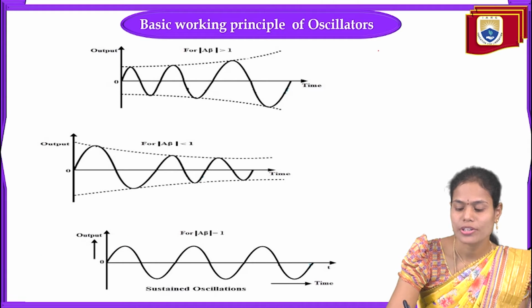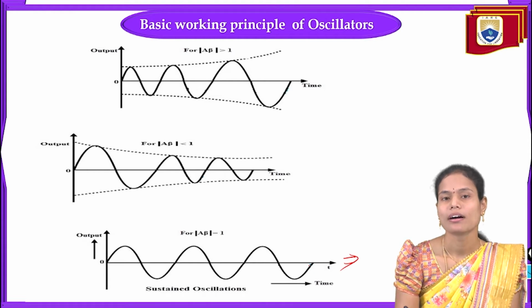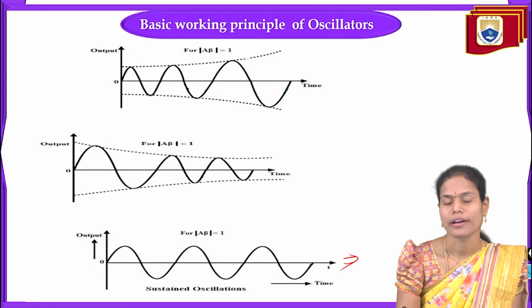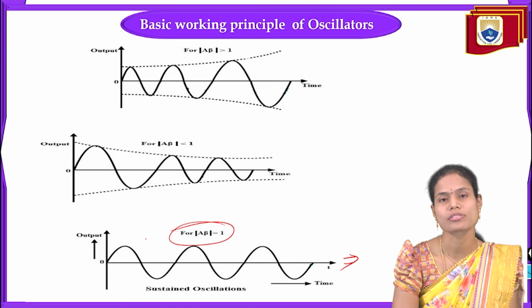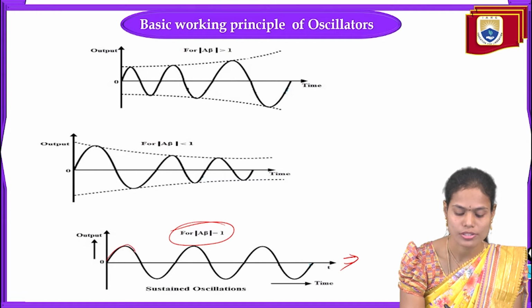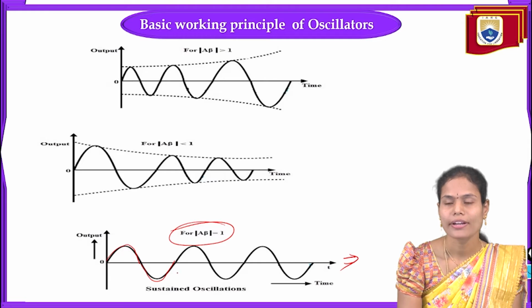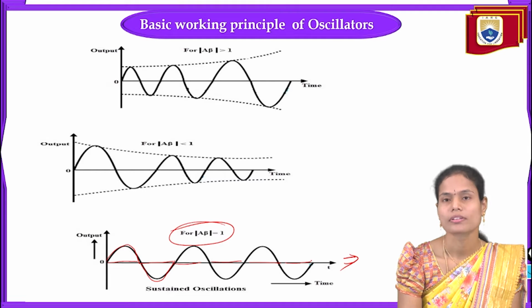And I have mentioned that in order to get a stable output without any distortion or clipping, or increasing and decreasing of the amplitude, we have to maintain the magnitude value as 1. So that's why in this case we are getting the sinusoidal signal in the positive direction as well as in the negative direction with equal amplitude. And if you see the frequency also, it is equally distributed between all the cycles.